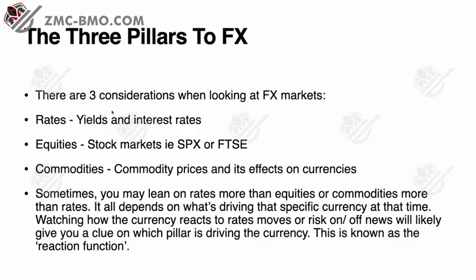We know from previous videos that when yields are climbing higher, that tends to mean a stronger currency as well because interest rates are expected to rise. However, in certain scenarios, rates could move higher but the currency moves lower and vice versa. But we'll get into that in just a moment. Just looking at how it reacts to the different pillars, which are these three, will tell you which the market's more inclined to be leaning toward.